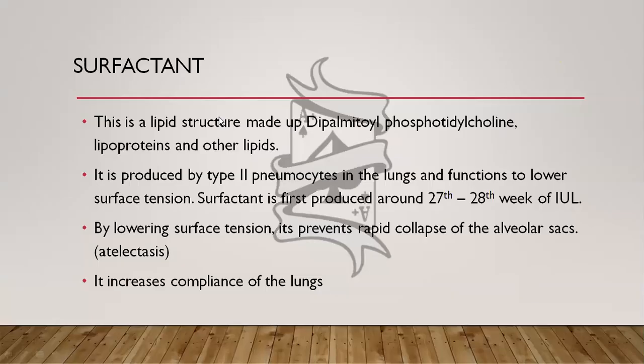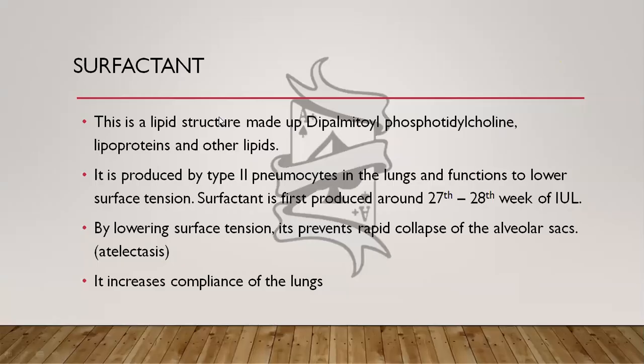If you give them the privilege of having surface to surface contact, especially if it's lined by water, which it would be if no surfactant is there, you would have a thin film of water. That alveolus is going to collapse. So that is why we need surfactant production by our type 2 pneumocytes in our lungs.